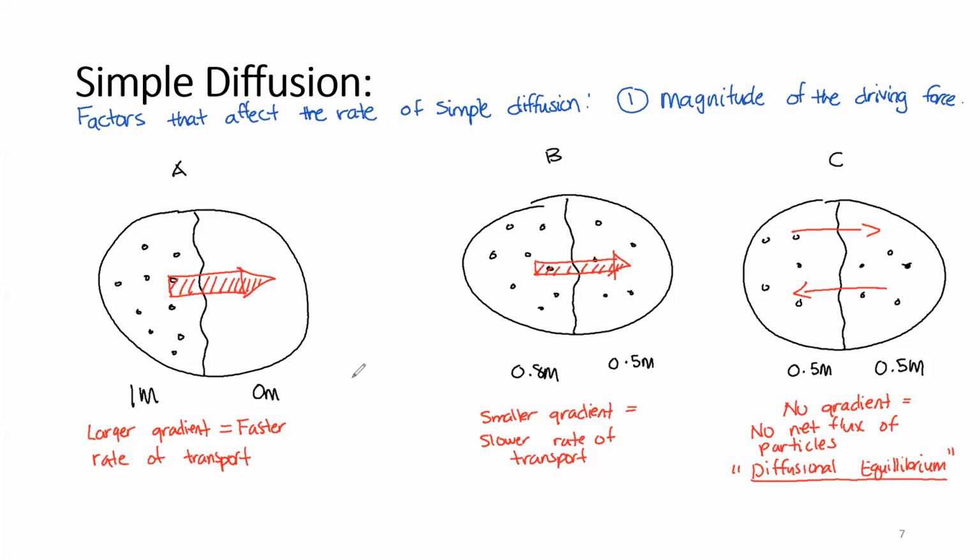So this is how we can illustrate that the magnitude of the driving force is directly proportional to the rate of transfer with simple diffusion, provided that the membrane is permeable to the particle that we're speaking about. Okay, that's a really important point to make as well, that the membrane must be permeable.